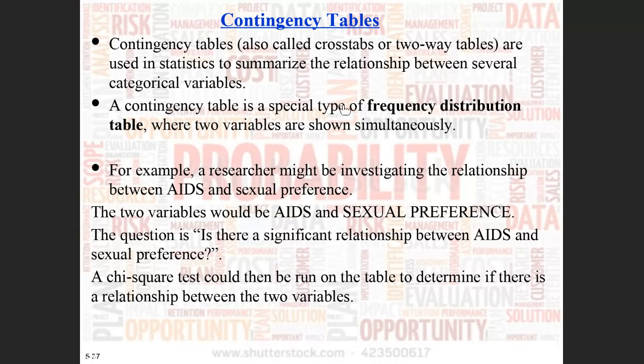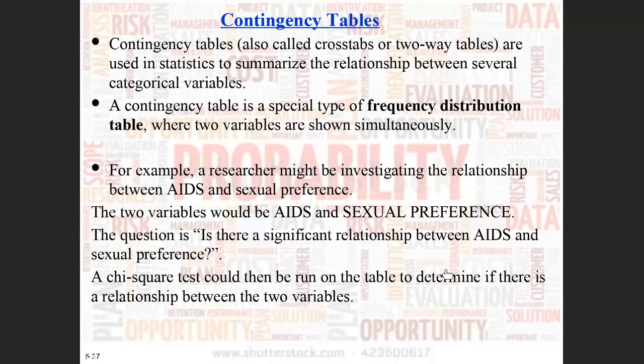Contingency tables, also called crosstabs or two-way tables, are used in statistics to summarize the relationships between several categorical variables. A contingency table is a special type of frequency distribution table where two variables are shown simultaneously. For example, a researcher might be investigating the relationship between AIDS and sexual preference.